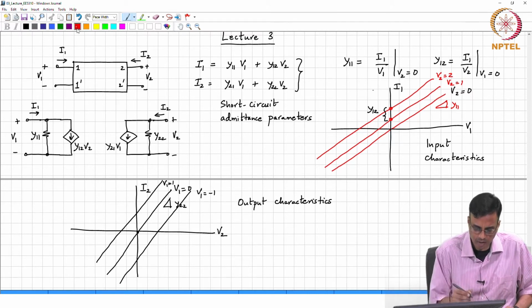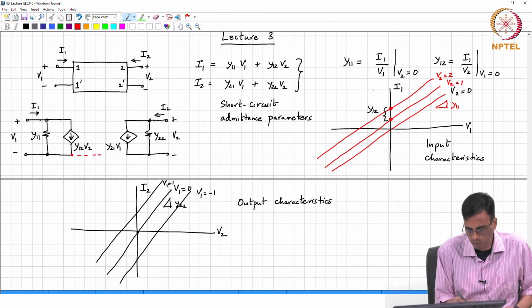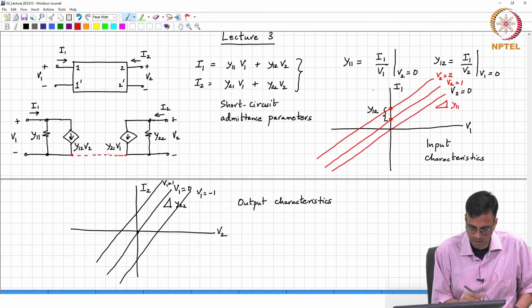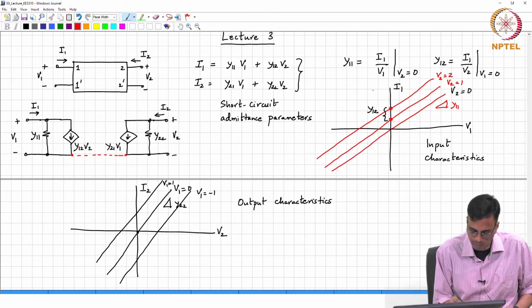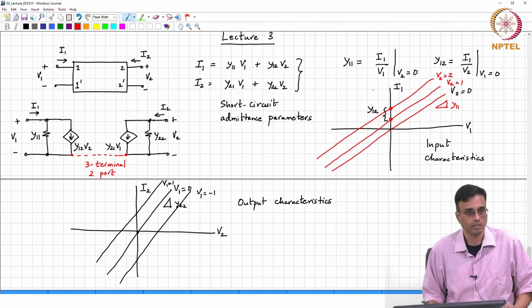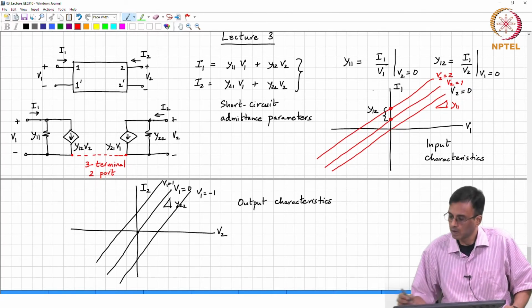In that case, these two terminal nodes will be the same, and this will be for a 3 terminal 2 port. Is that clear? All right.